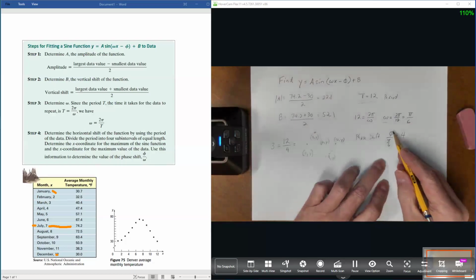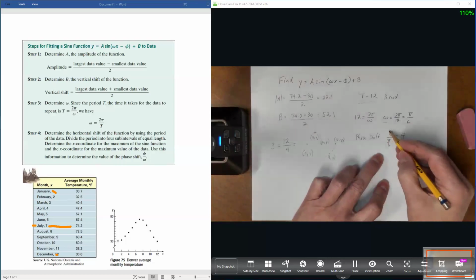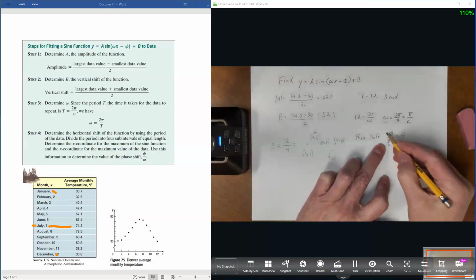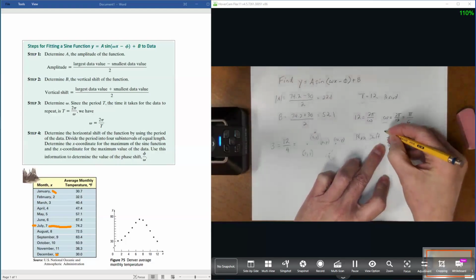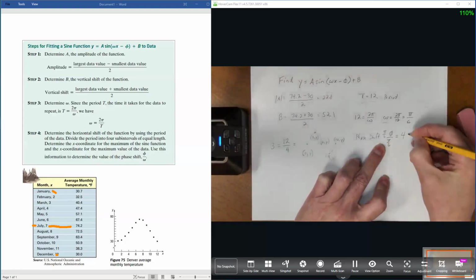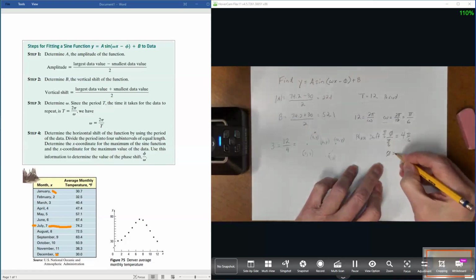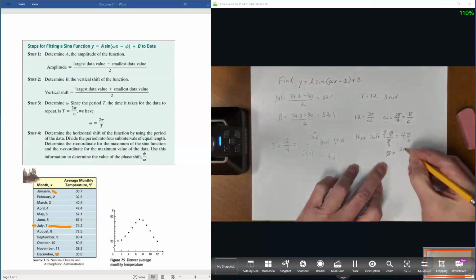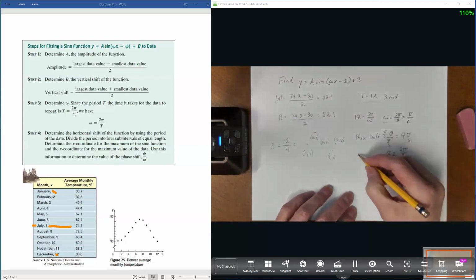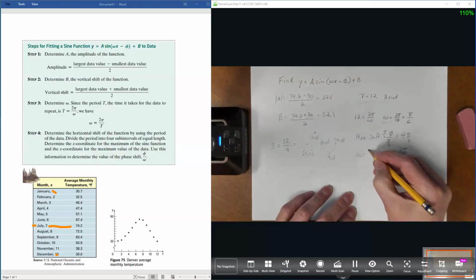Then to solve for phi, I'm just going to multiply both sides by pi over 6. So phi is going to reduce to 2 pi over 3.